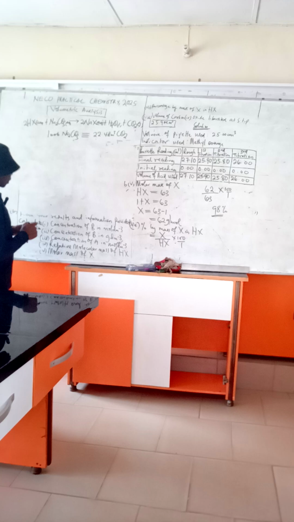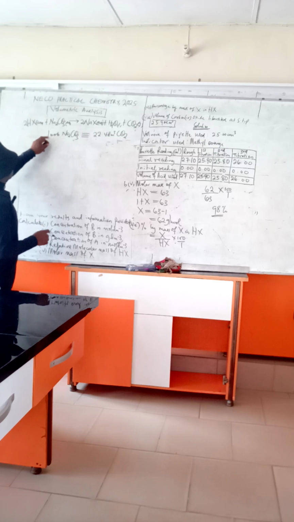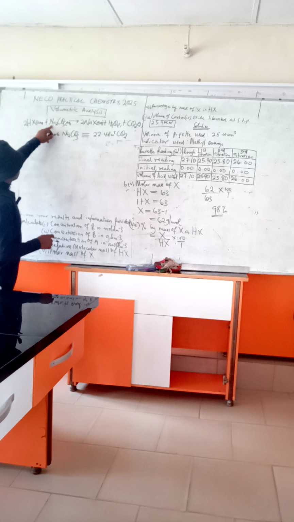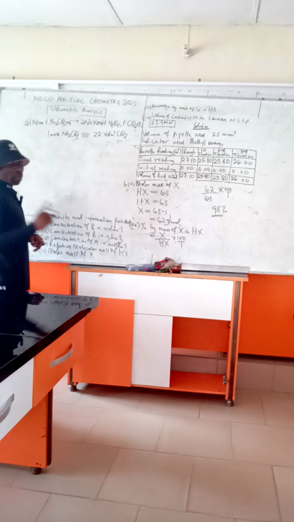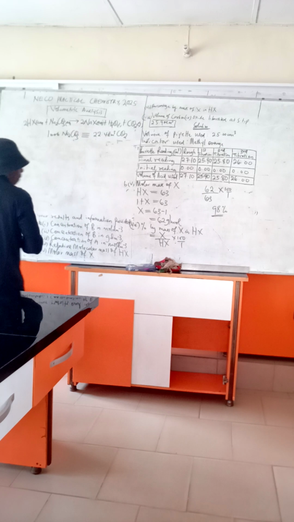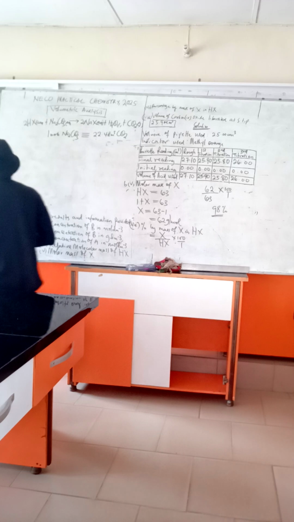Now when you go back to the equation, the mole concentration of Na2CO3 is calculated to be, go back to your calculation, and give us the value of what? Cb.